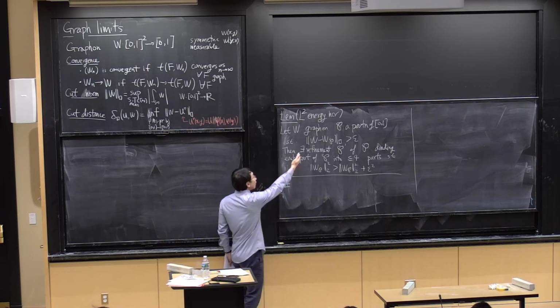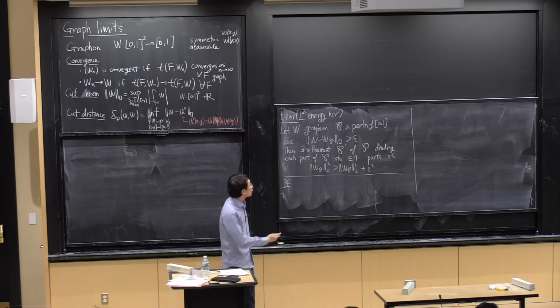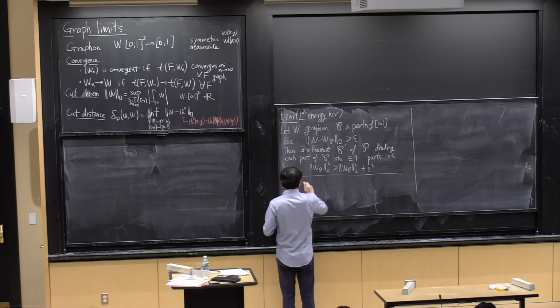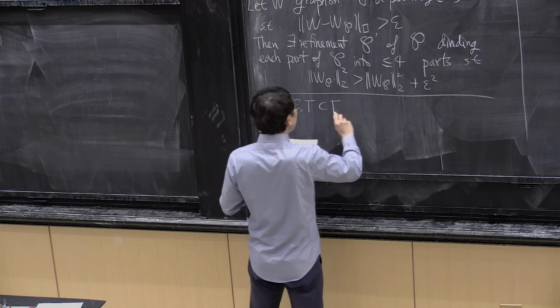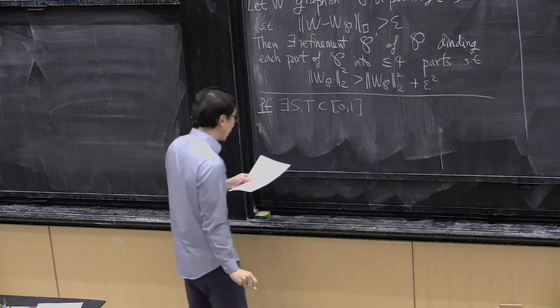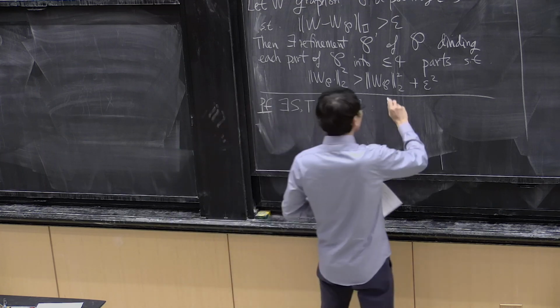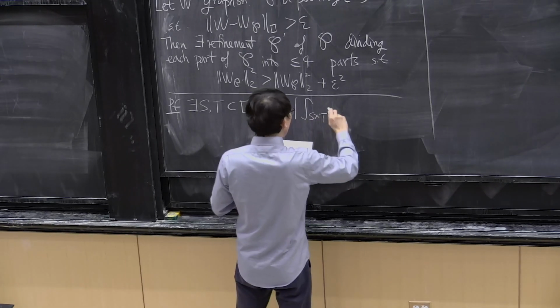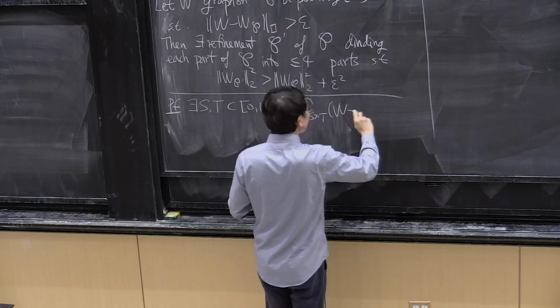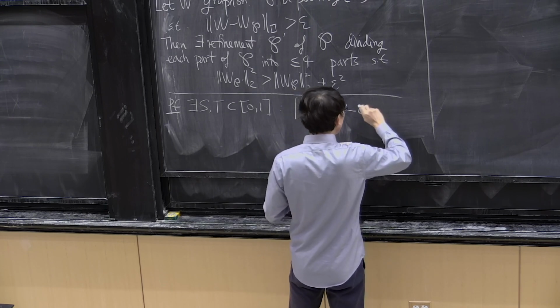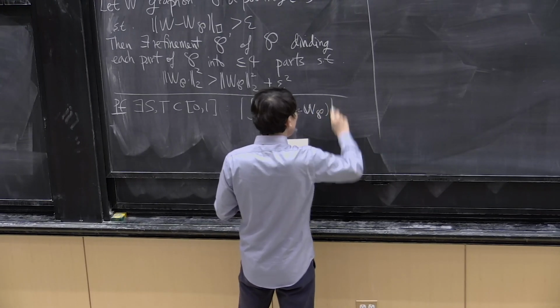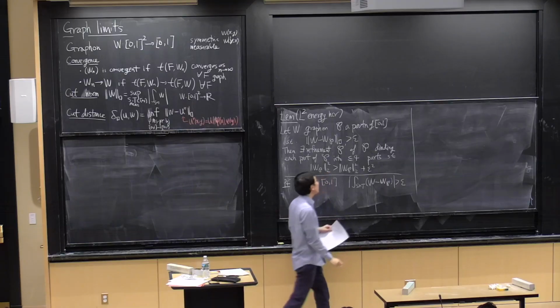Because you have a violation of weak epsilon regularity, there exist sets S and T, measurable subsets of the 0, 1 interval, such that this integral evaluated over S cross T is more than epsilon in absolute value.